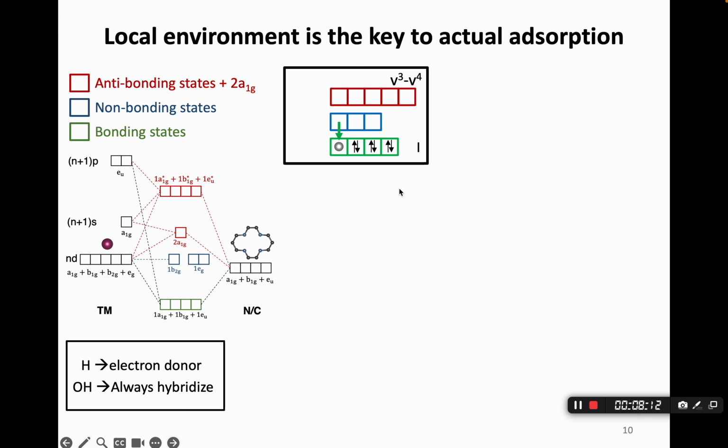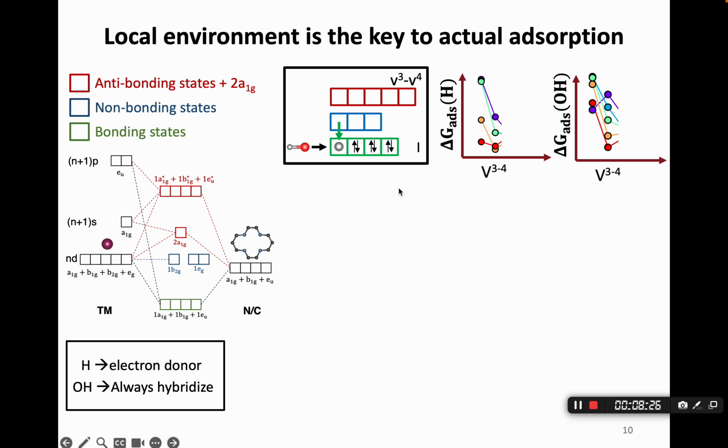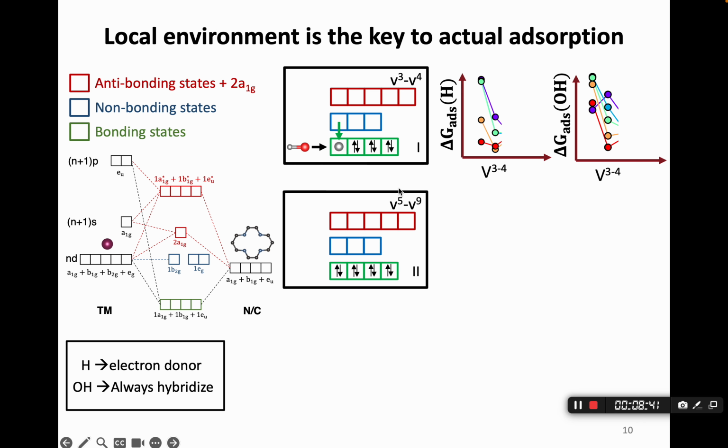Okay, in that case, the energy added into the system will pretty much become the energy of that bonding state, which is well defined, right? Similarly, when you have hydroxide, it's going to start to hybridize with these bonding states, and again it's dictated by the exact location of the bonding state.